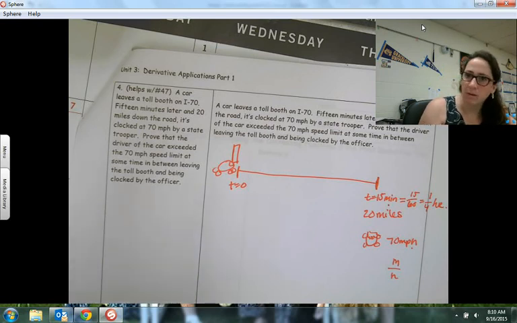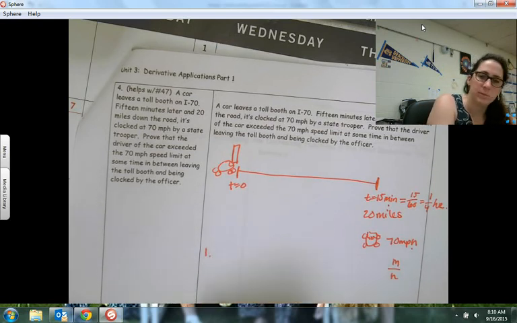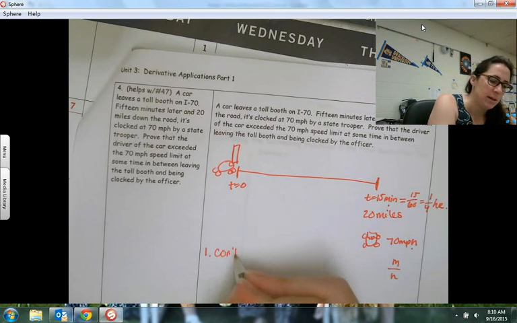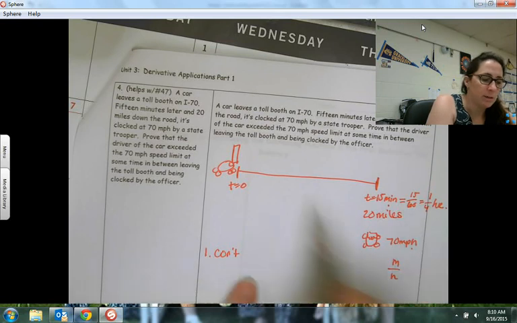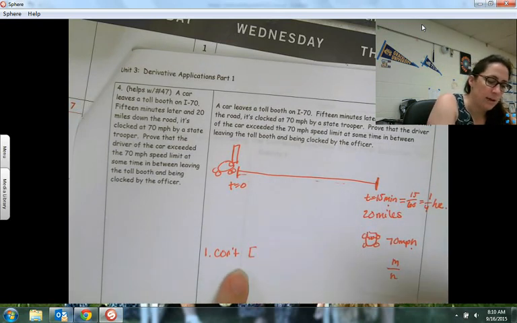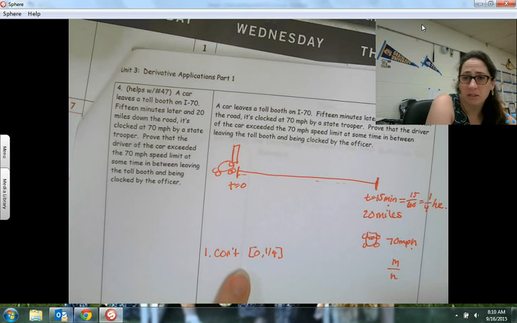So if I look at the instantaneous part and the average part, I'm thinking, gosh, instantaneous versus average, mean value theorem. My mean value theorem says, am I continuous on the closed interval, from time 0 to time 1/4? Yeah, he's driving, he's continuous.